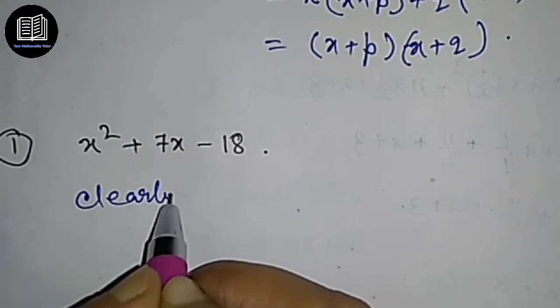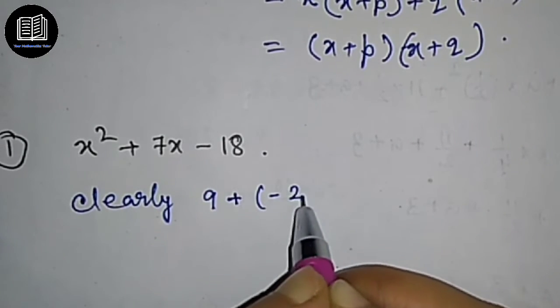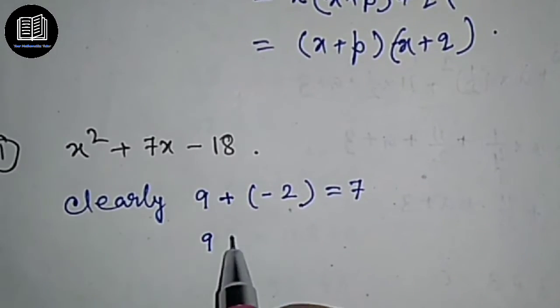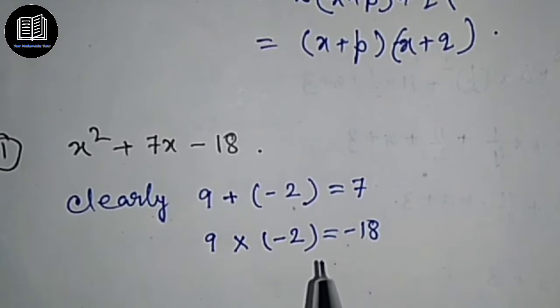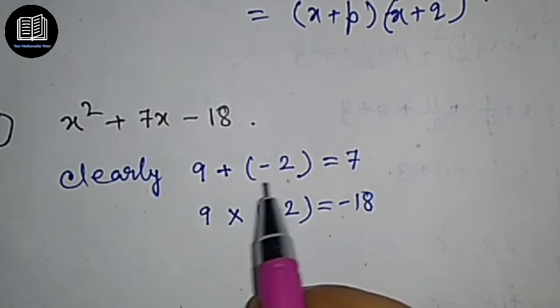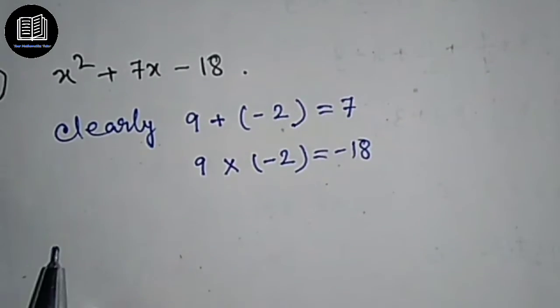Clearly, 9 plus minus 2 equals 7 and 9 multiply minus 2 equals minus 18. That is the two integers 9 and minus 2. The sum of them is 7 and the product is minus 18.